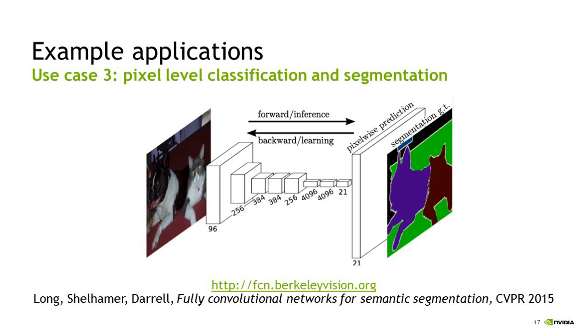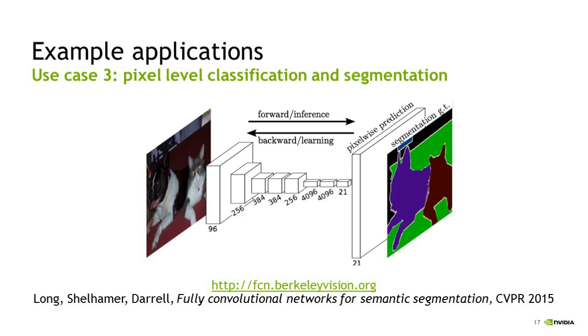Caffe can also be trained to produce pixel level classification and segmentation of images. So in this case, it's a convolutional neural network where the final output is an upscale.